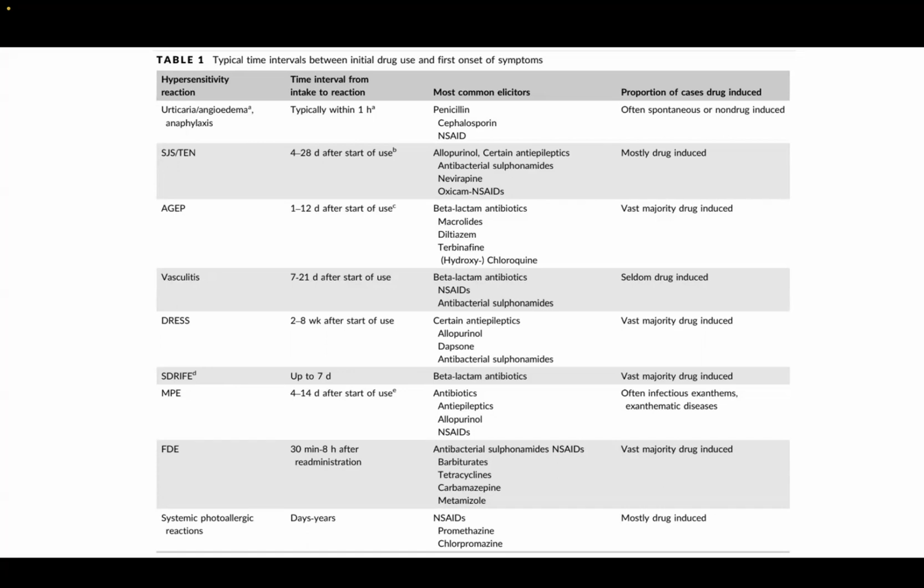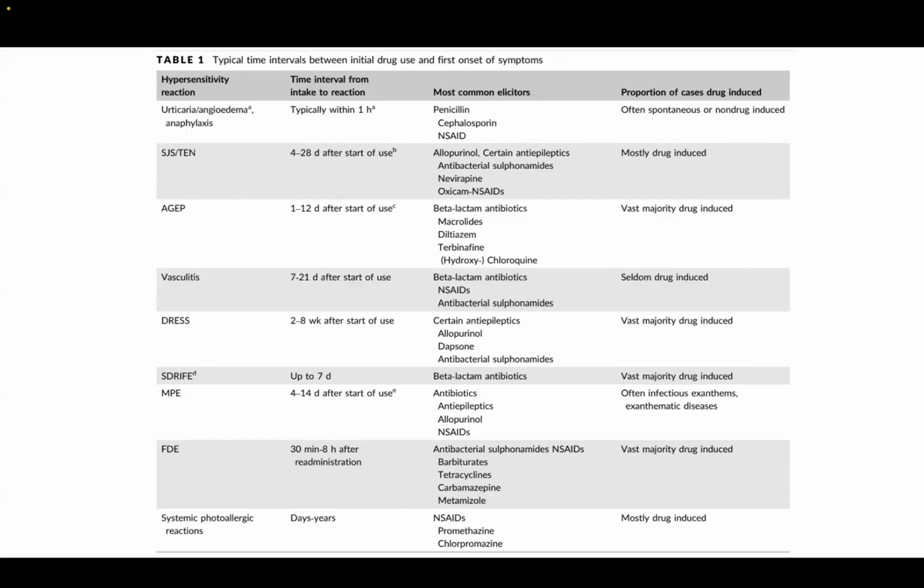AGEP, which is acute generalized exanthematous pustulosis, and I will show you a few pictures regarding this, usually starts 1 to 12 days after medication initiation. The common culprits are beta-lactam antibiotics, macrolides, and diltiazem. The vast majority of AGEP, again, is drug-induced. It's not common to be caused by a different entity or cause.